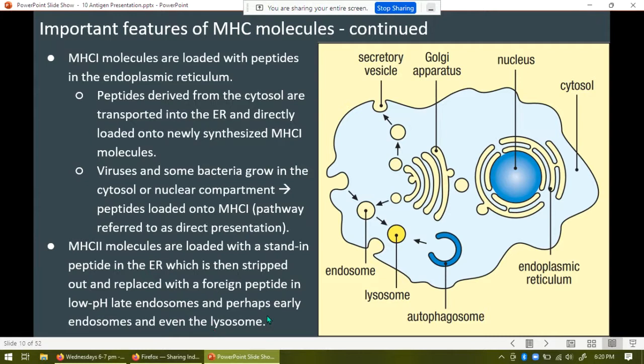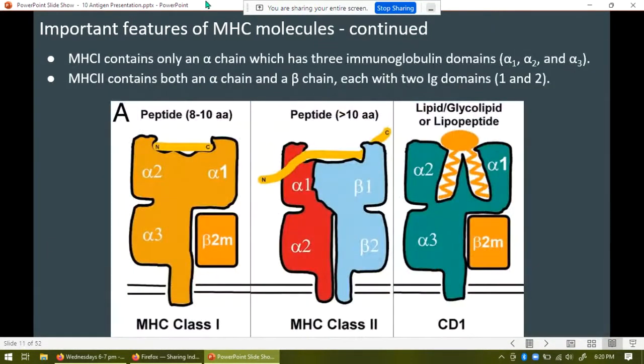So mostly MHC2 is loaded in the late endosome, but it can be loaded in the early endosome or the lysosome. Okay. Remember, MHC2 is loaded with peptides taken up from outside the cell, generally speaking. Okay. And we're going to talk more about this figure later on, which is just a visual for this slide.